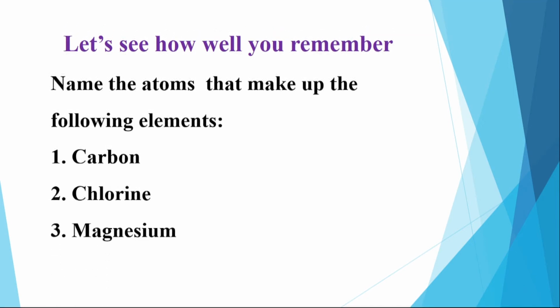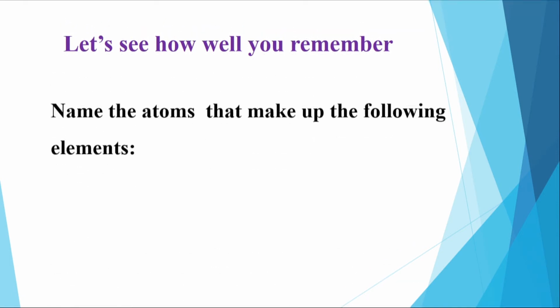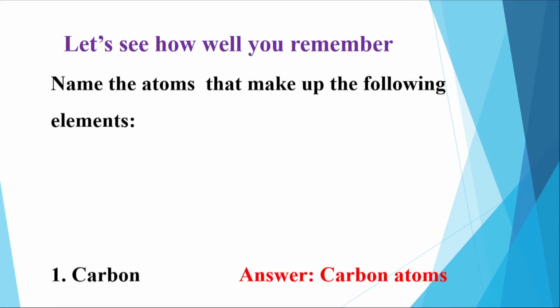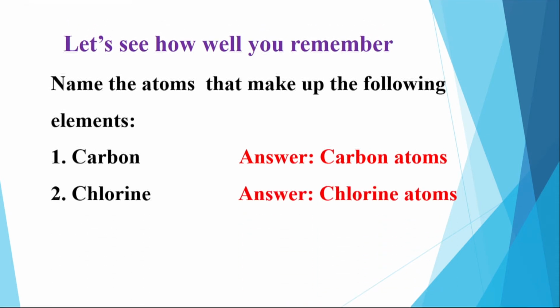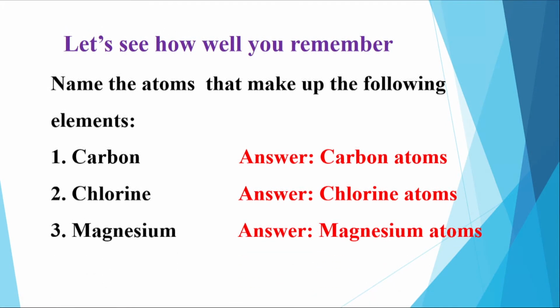Now you have to remember your definition of your atoms, your definition of your elements. So the answers are: for carbon, only carbon atoms. Chlorine consists of only chlorine atoms. And your magnesium consists only of magnesium atoms.